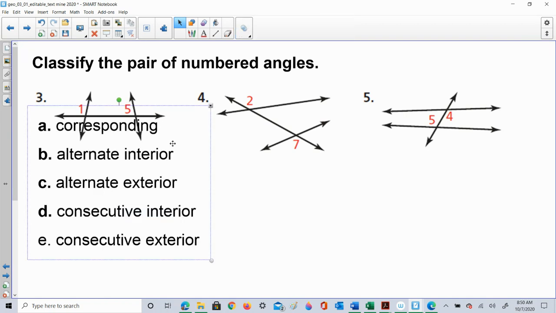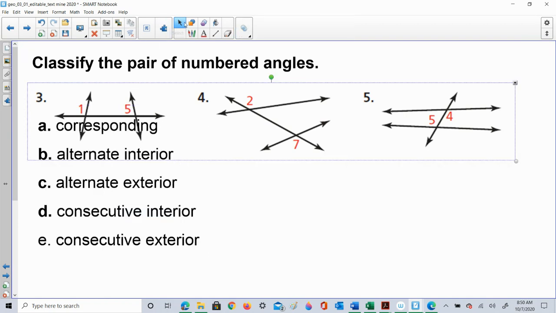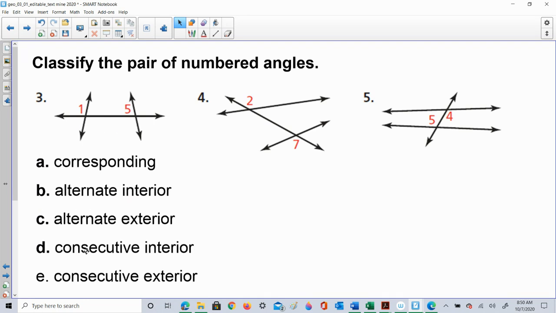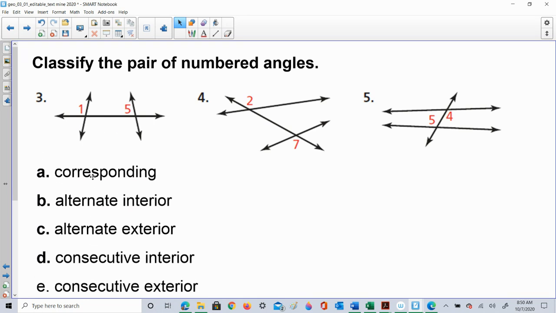Paste. So each of these is going to be either A, B, C, D, or E. Number 3, which of these is it? Well, these are on the same side of the transversal, same side of the two parallel lines. So these would be corresponding angles. This is A.